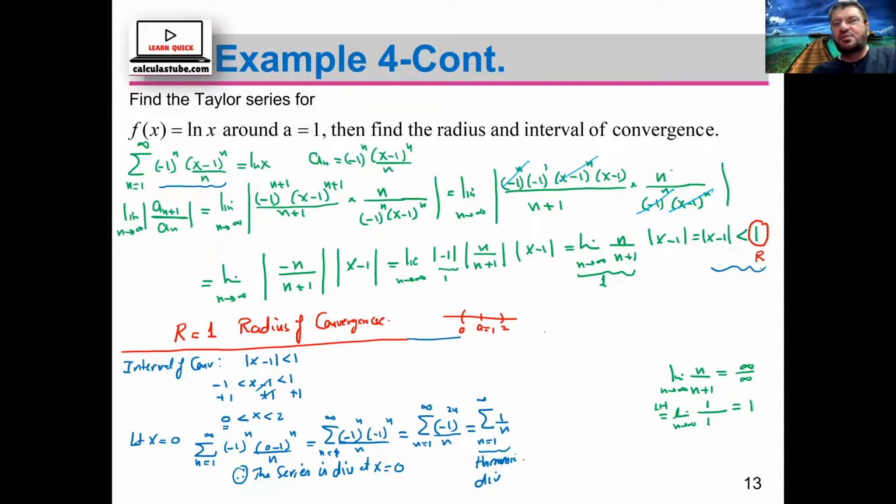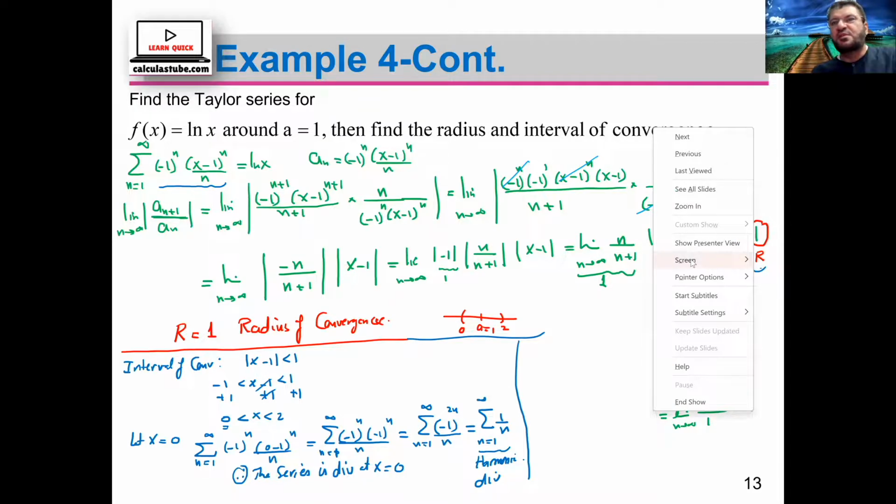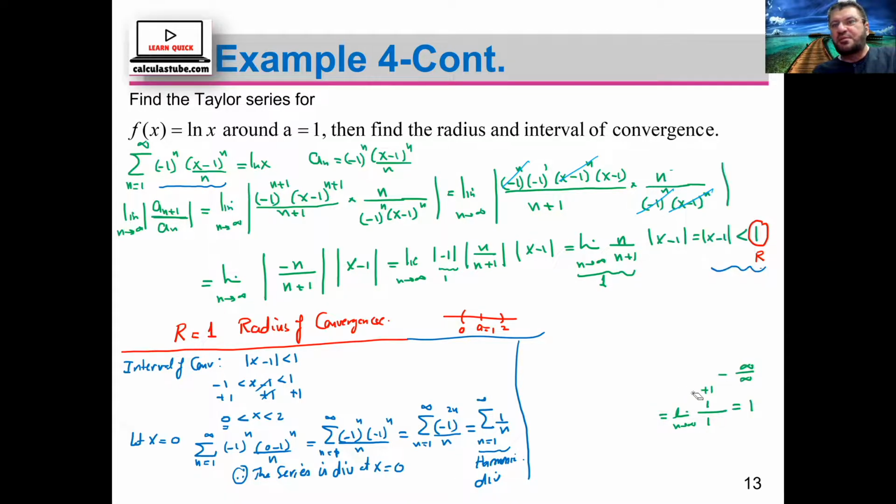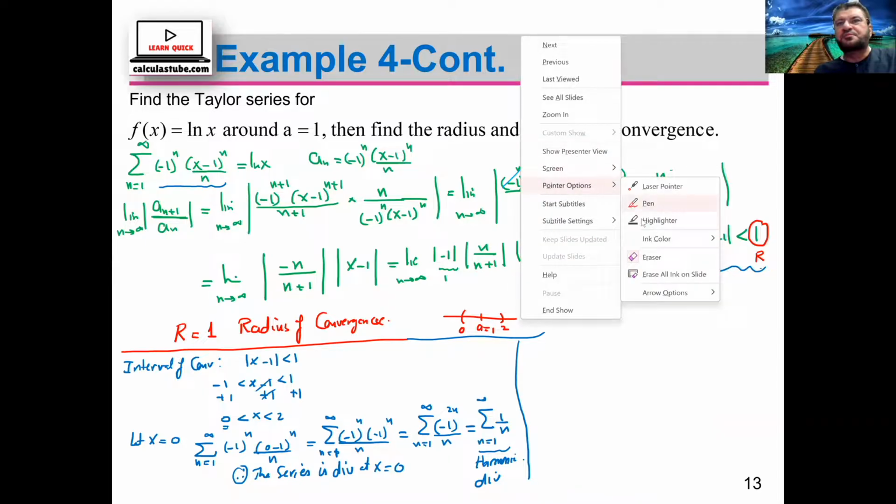Now, we take the other case. So let me remove that series thing here, that limit thing, and try to find now what happens with 2.